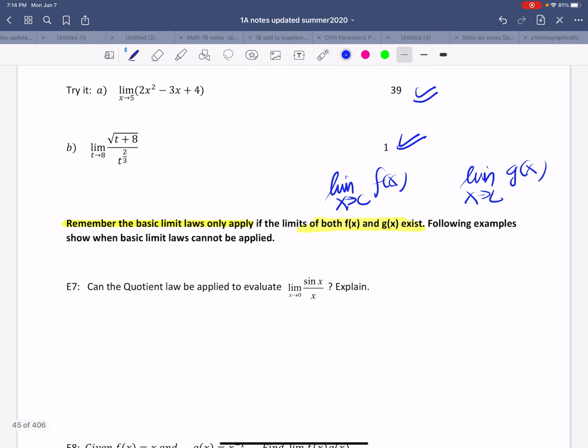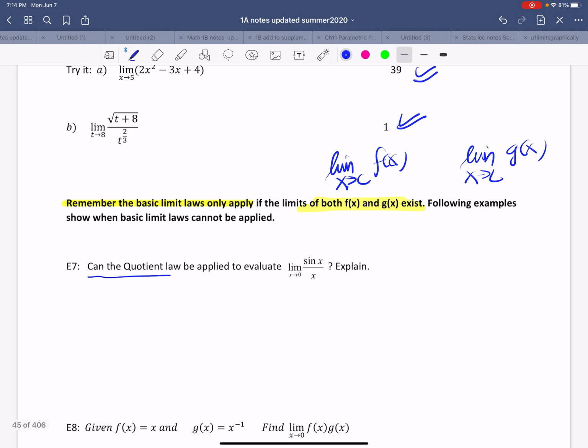Here are some examples. Let's look at example number 7. Can we use the quotient law here? The limit as x approaches 0 of sine x over x.